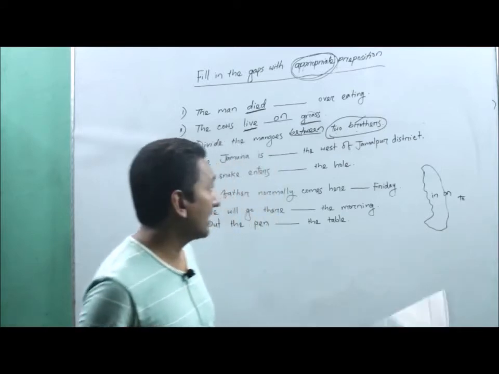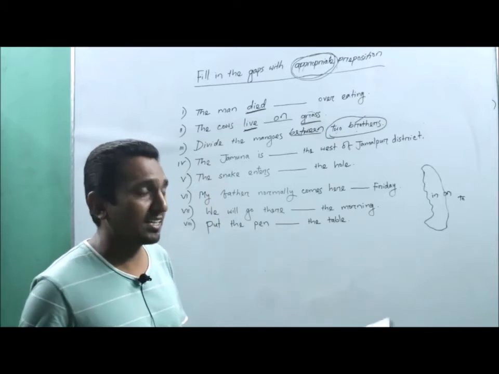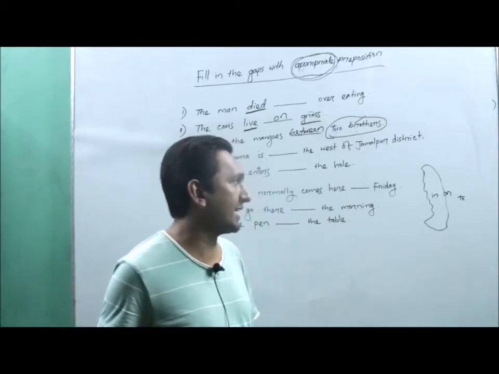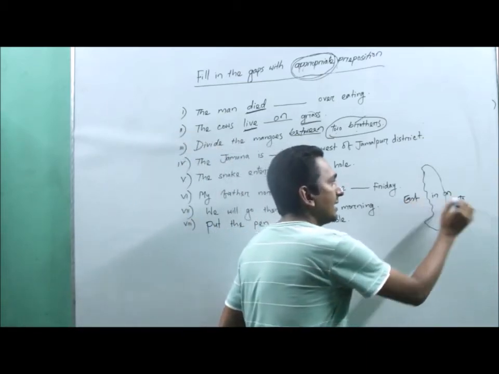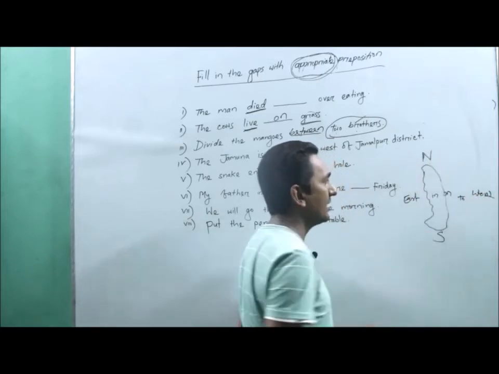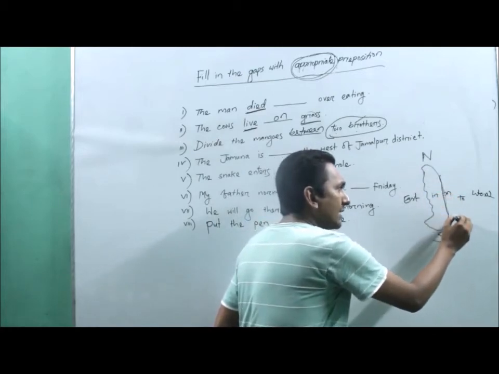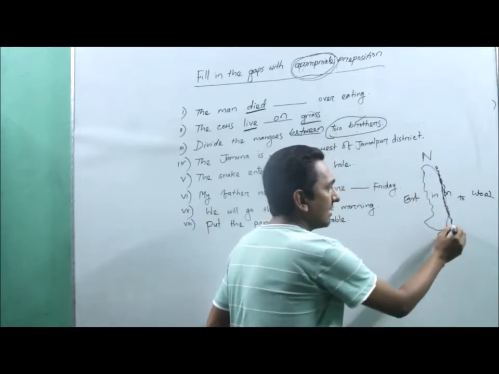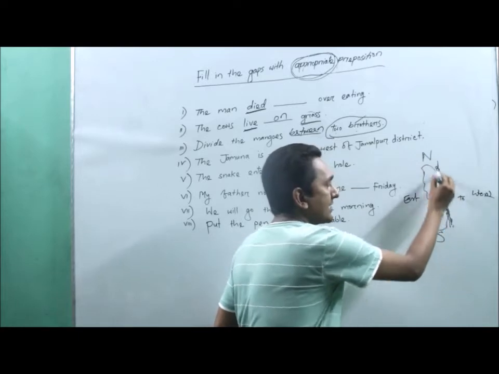Dear students, we know Jamuna is a river. It flows just on the boundary of the Jamalpur district, because suppose it is east, it is west, north, south. Here we know Jamuna flows in this way, just clinging to the boundary of the Jamalpur district.